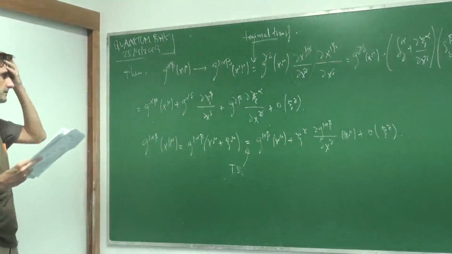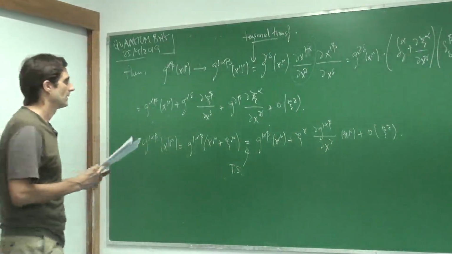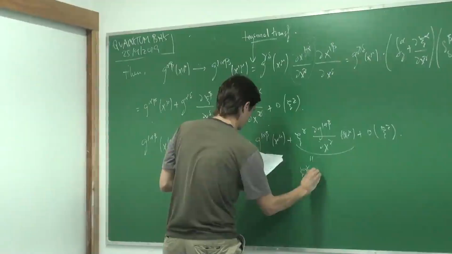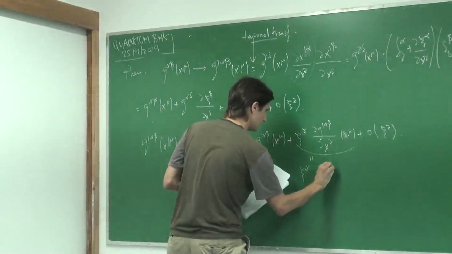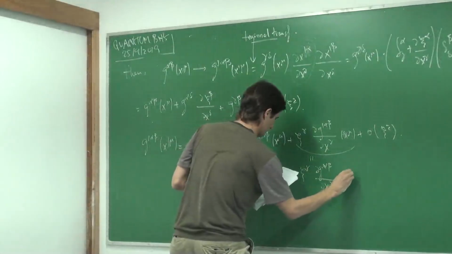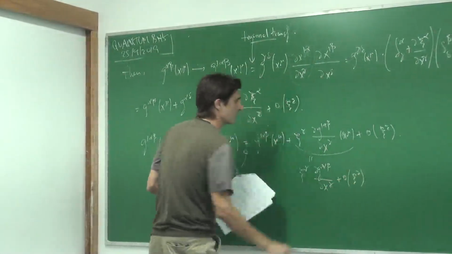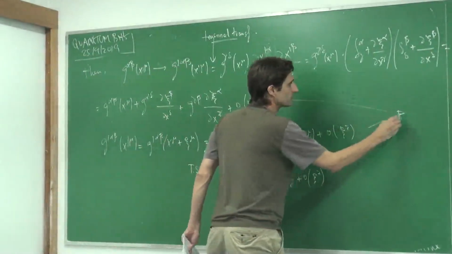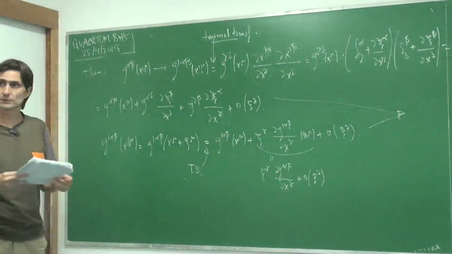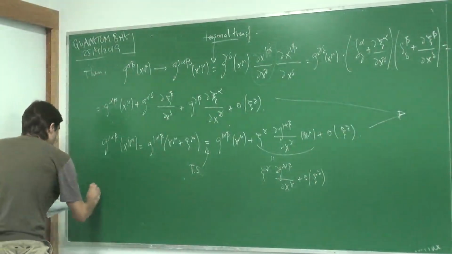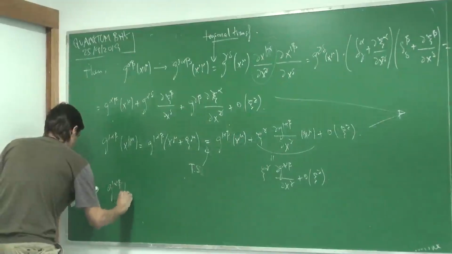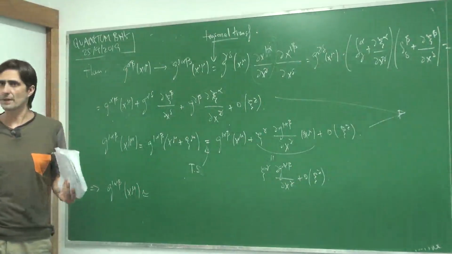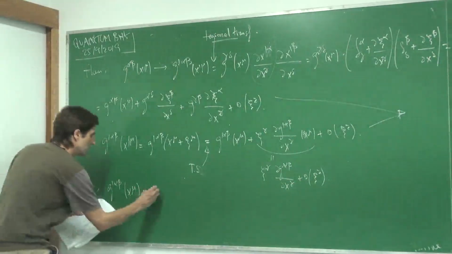And again, I can expand this to linear order. Like this. And now you can equate the two things, and that tells you, with an approximate sign, because I'm ignoring now the higher order terms.